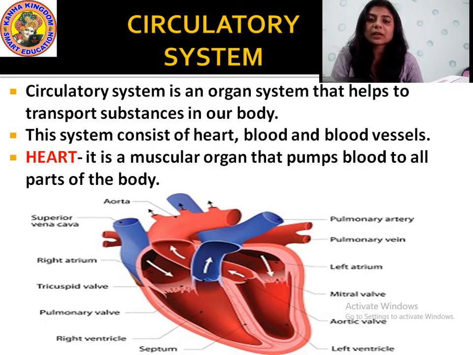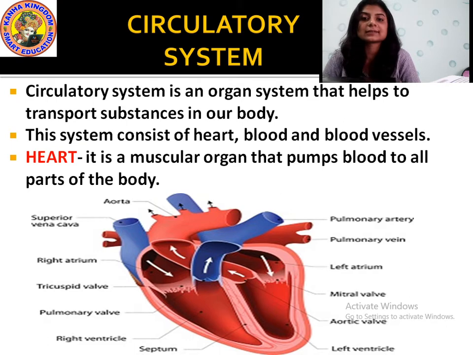When we cut our finger, what comes out? Blood comes out from our body. Then blood vessels. And how does this blood flow in the different parts of our body? Through these blood vessels. The heart pumps the blood.